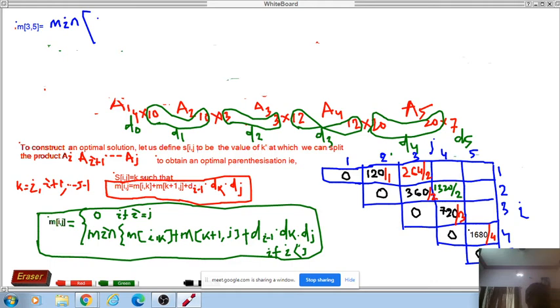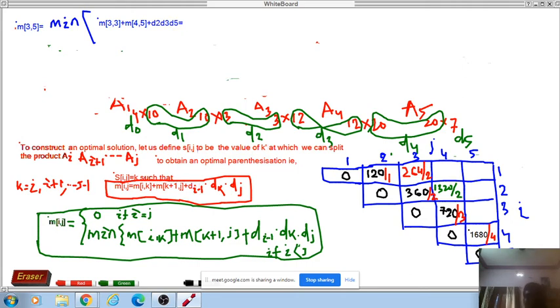First part: M of 3 3 plus M of 4 5. Very good. Plus D2, D3, D5. That is the value you will calculate.